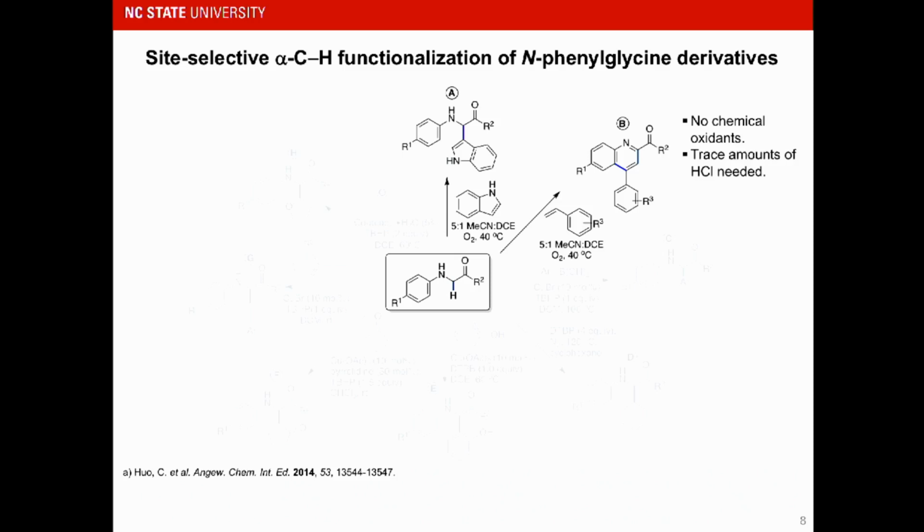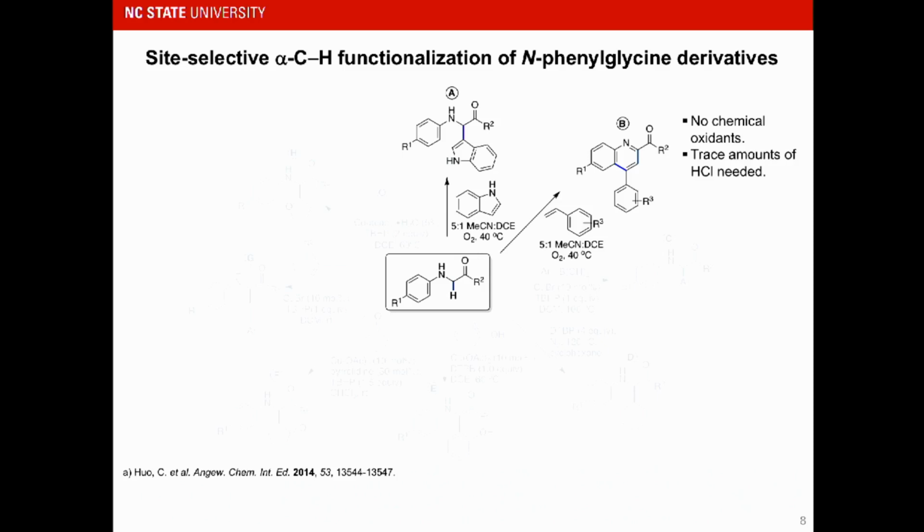But what got us excited is that you can do this under just air, oxygen, no chemical oxidant in this specific case, but with a very specific solvent ratio, as you'll notice, 5:1 acetonitrile to DCE. It turns out if you read this paper carefully, that 5:1 ratio is really important, and the trace amount of HCl, if you're using undistilled DCE, is very critical here.